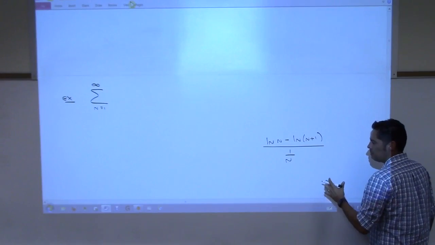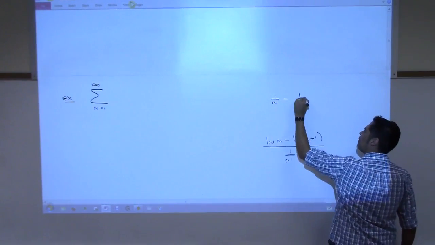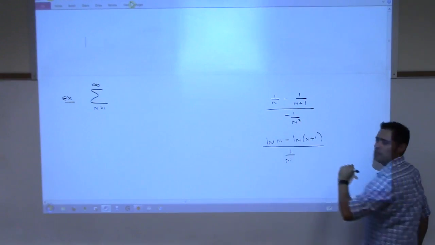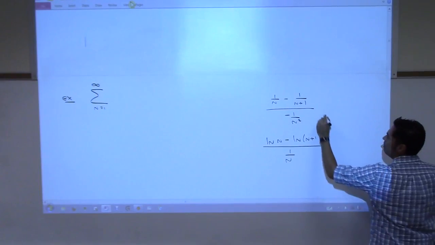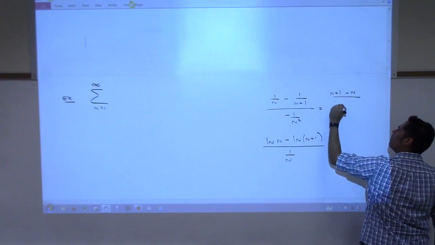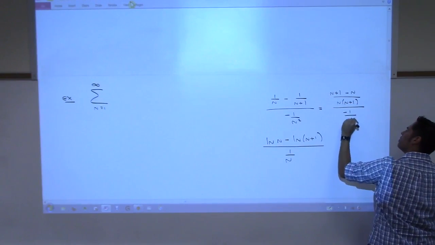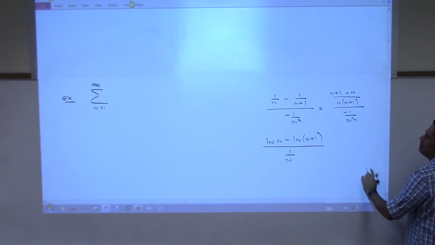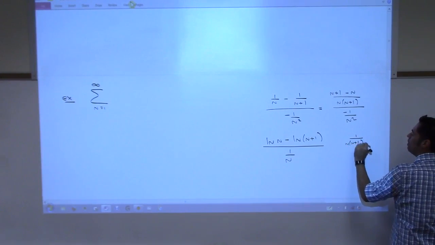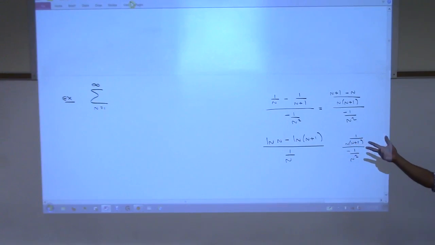A quick derivative on top would have given 1 over n minus 1 over n plus 1, over negative 1 over n squared. Following me? Then I would have gotten a common denominator on top, so n plus 1 minus n over n times n plus 1, over negative 1 over n squared. Then I would have flipped it and we would have been exactly where we were earlier.